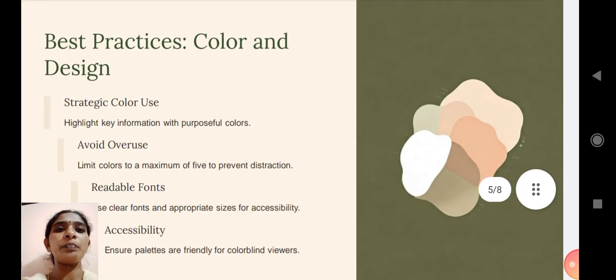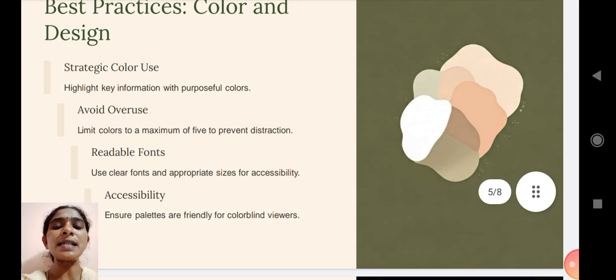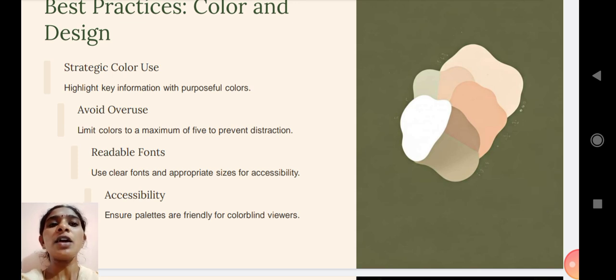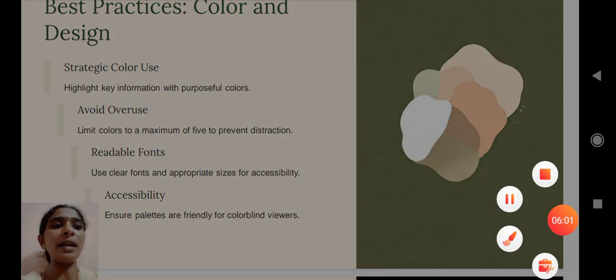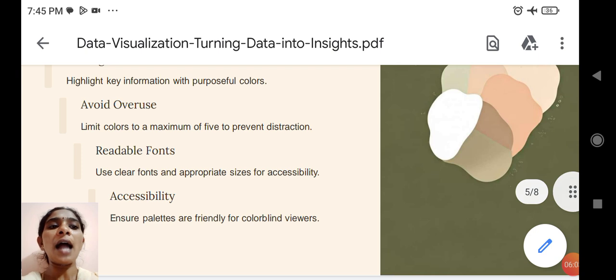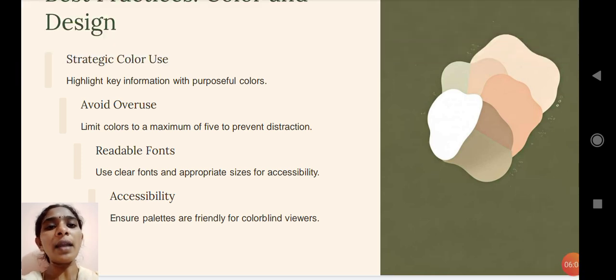Some best practices in visualization documents are to use many colors to differentiate the documents, use different fonts, and add labels to what is represented in that process.